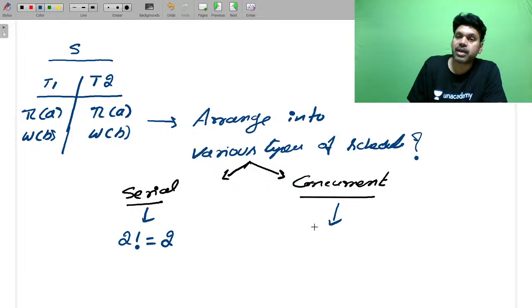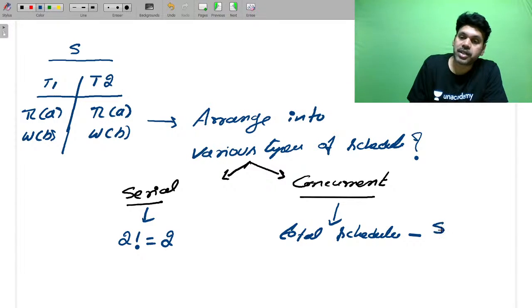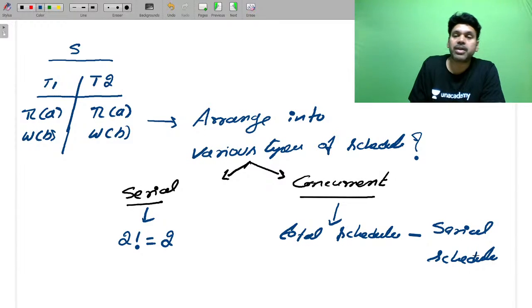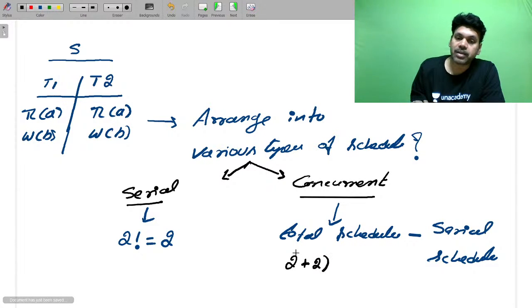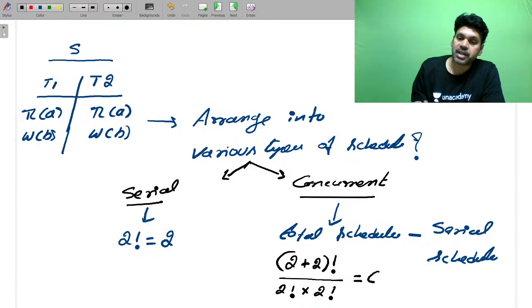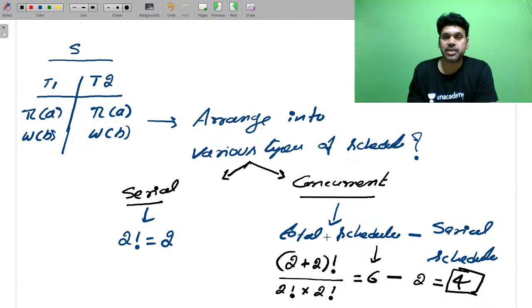And the concurrent schedules are total schedules minus serial schedules. How many are the total schedules? We know the equation to derive the total schedules: (2 plus 2) factorial by 2 factorial into 2 factorial, which is 6, minus the serial schedules, 2. Then you are going to get 4 preemptive based executions.